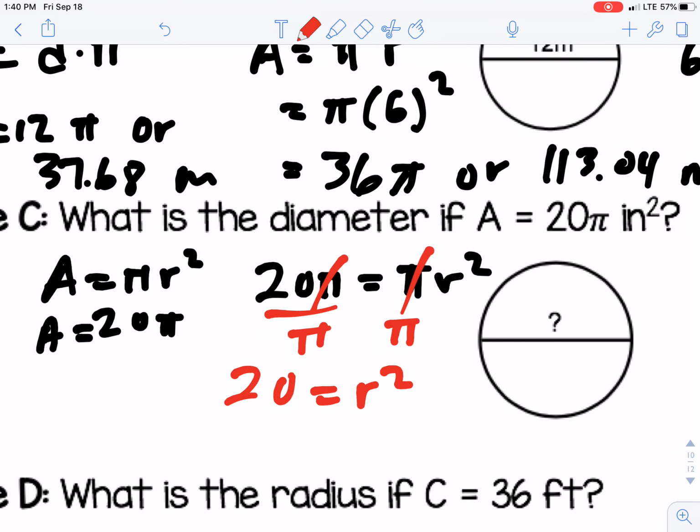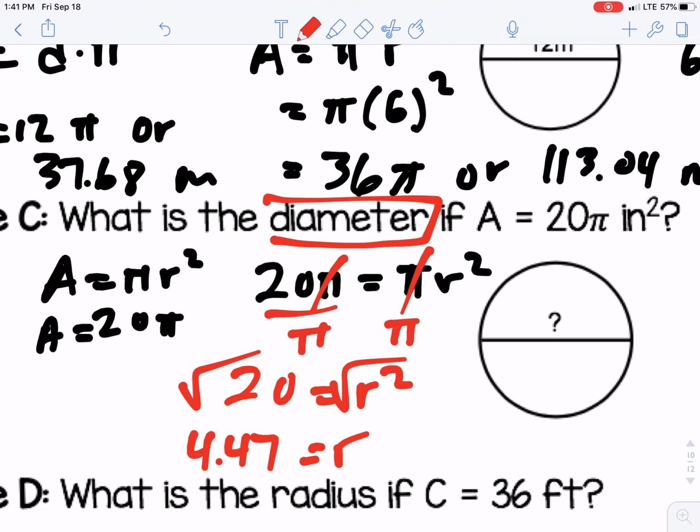Now, how do I get rid of a square, right? We've done so far with our algebra, adding and subtracting, multiplying, dividing. What gets rid of a square? We do the old little square root symbol. 20 is not a perfect square, so you're going to have to use your calculator to do the square root of 20. R is approximately, and we'll round to 2 decimal places, 4.47. That's the radius.